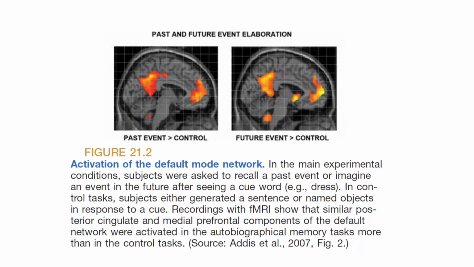Yeah, so the important result is that even though you are remembering past events or you are imagining future events, the brain areas activated are very similar in both cases, always against a controlled task.